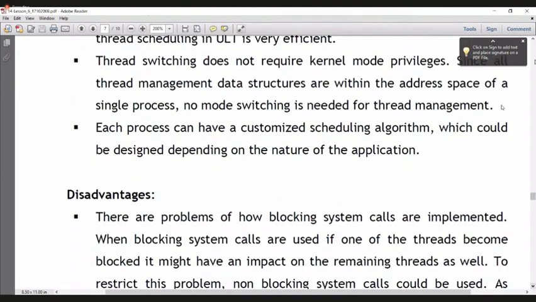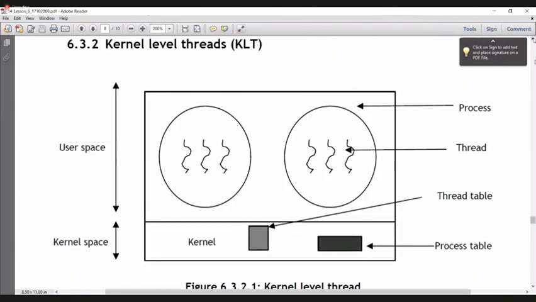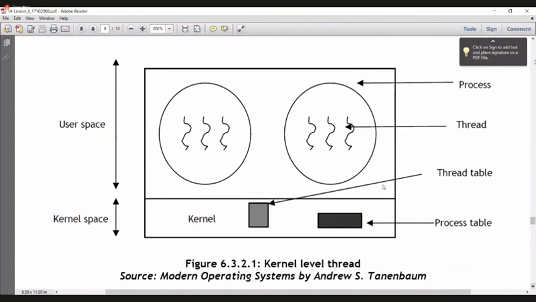This one is the kernel level thread. The earlier one was the user level thread. So what will happen in kernel level threads? You can see the thread table also moves to the kernel because it's kernel level. You are handling different threads.